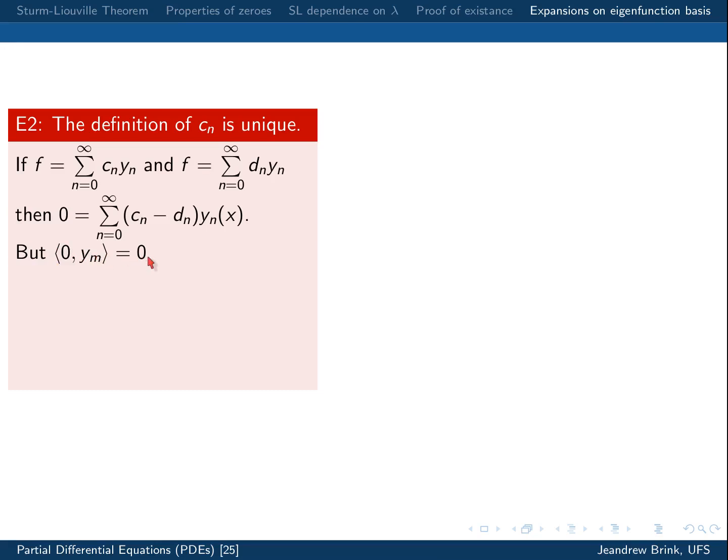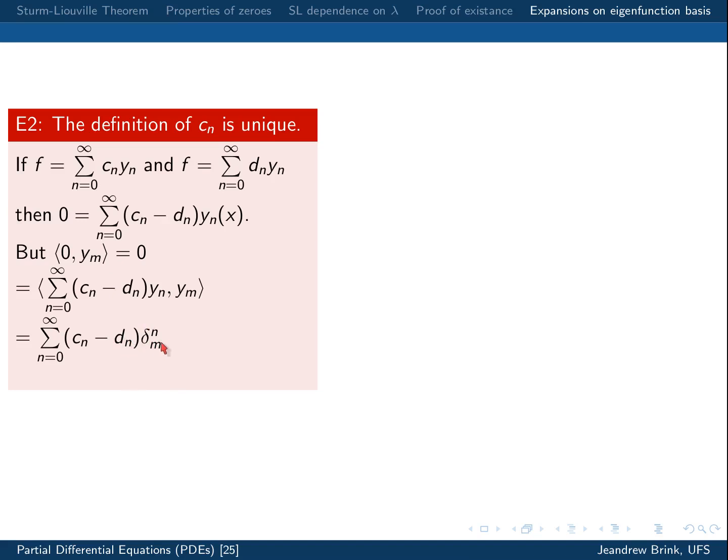Multiplicatively, of course. But the right-hand side, if you then formally work it out, is just the sum of Cn minus Dn times yn. And you can work out each of the integrals independently, so you exchange the order of integration and summation, and you simply have that it's Cn minus Dn times delta nm, and that equals 0.